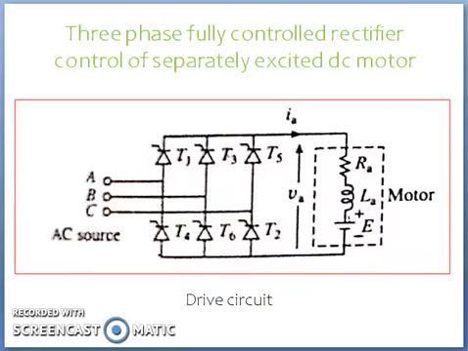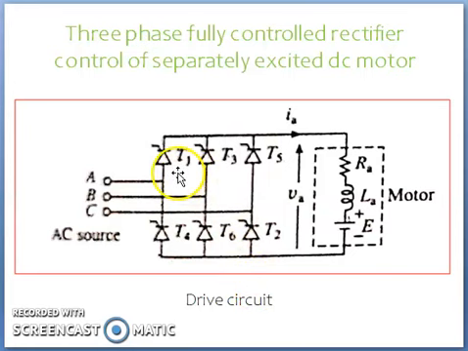The three-phase fully controlled, in the sense 6-pulse, rectifier fed separately excited DC motor drive circuit is shown in the figure. The thyristors T1, T2, T3, T4, T5 and T6 are fired in the sequence of their numbers.